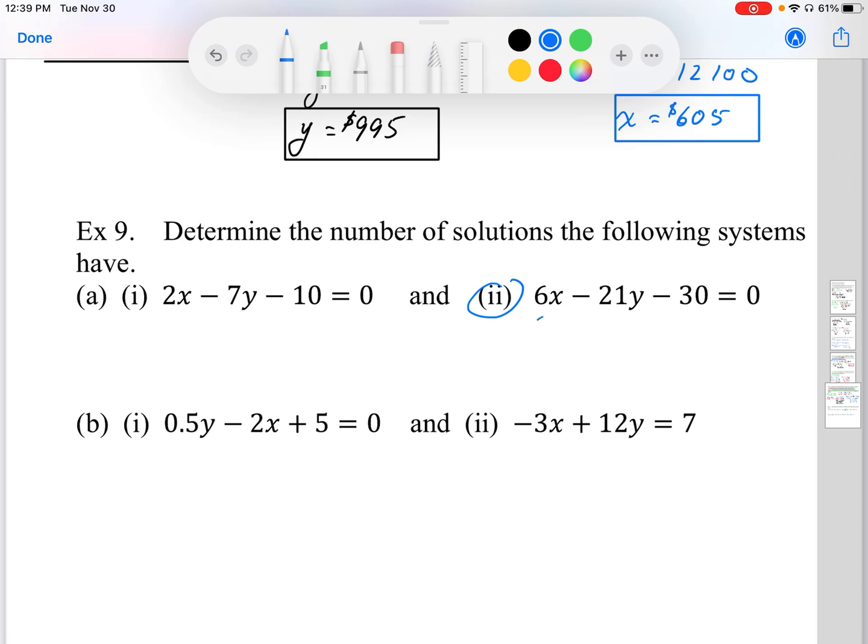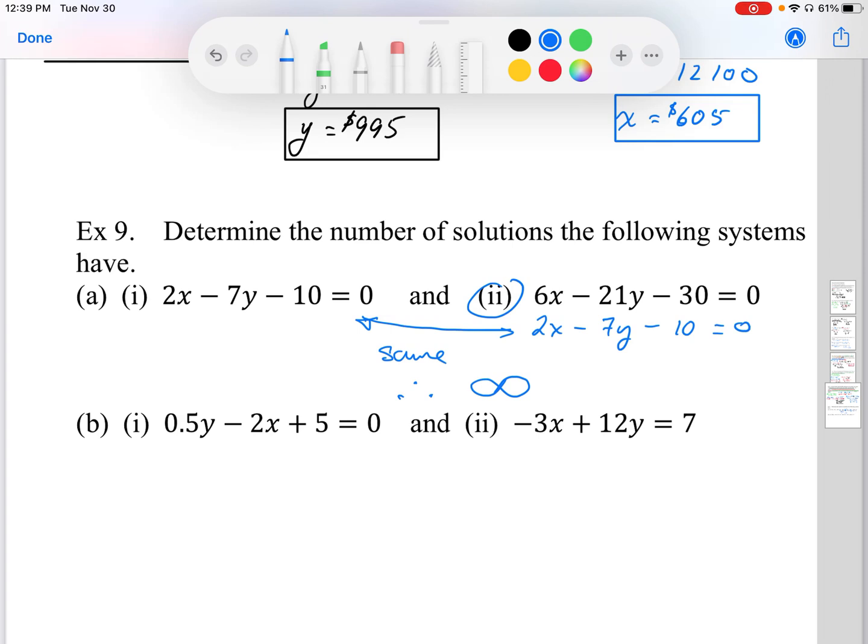If I divide everything by 3, I get 2x minus 7y minus 10 equals 0. What that means is that these are the same equation. Therefore, we have infinite solutions. Okay, this is when the two graphs lie right on top of each other. Every point is the same, so every point is an intersection. There are infinite solutions here.